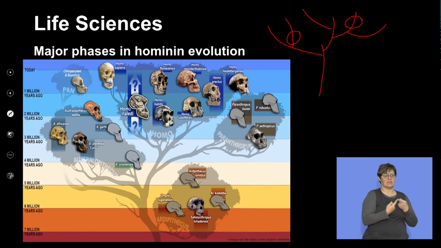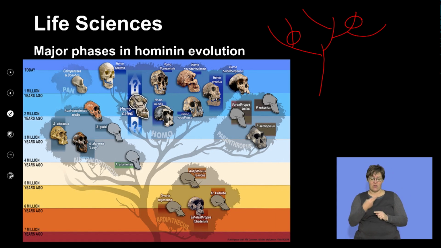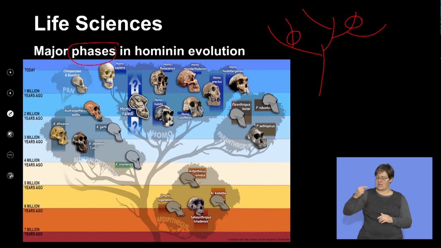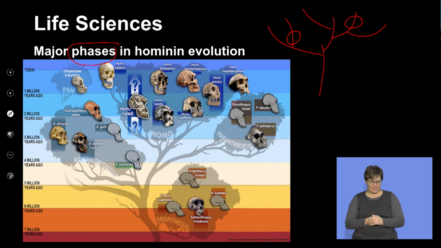Now, when we look at hominin evolution, remember that's what we're looking at, hominins, us and our living ancestors, there were different phases that they went through. We find different kinds of genuses, because remember, we like to classify things and put things into perspective.